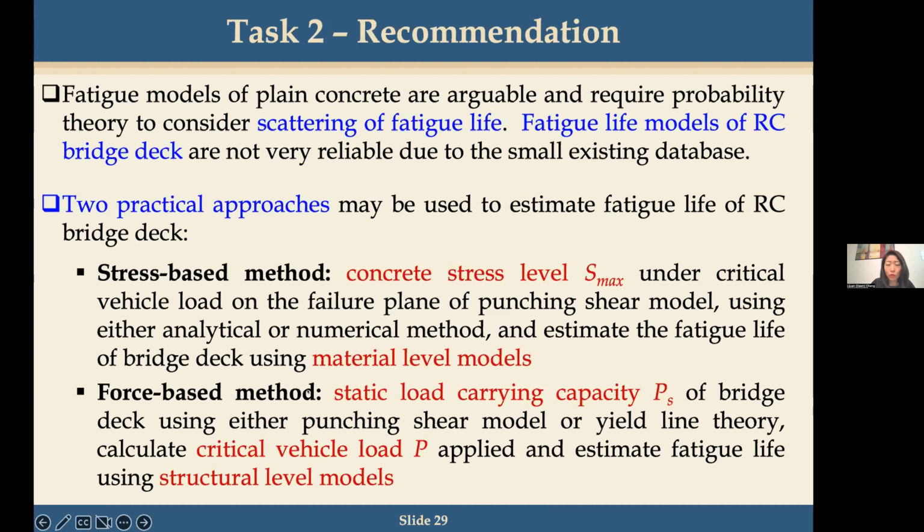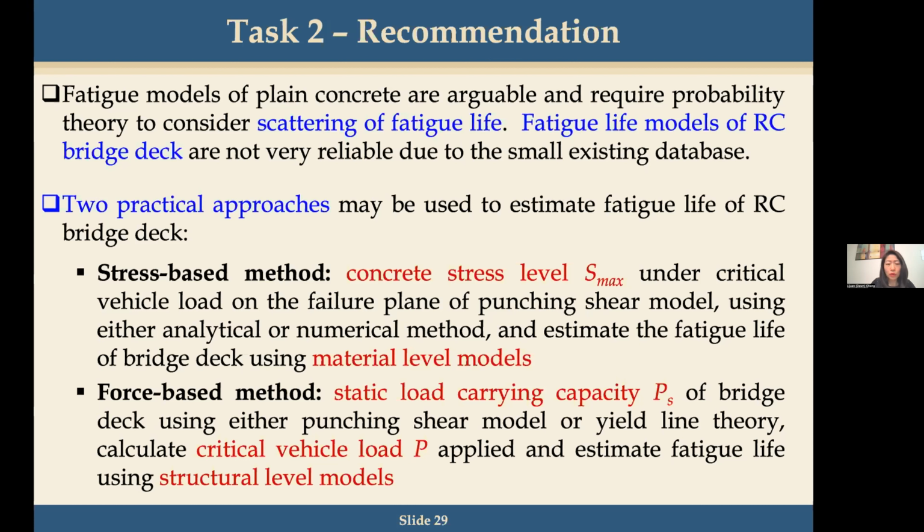The other one is the force-based method. We provided a strategic plan for this, which includes the load carrying capacity estimate and also the punching shear failure of the concrete slab, and we look at the critical vehicle load applied to estimate the fatigue life. So this is more of a structural level model itself.